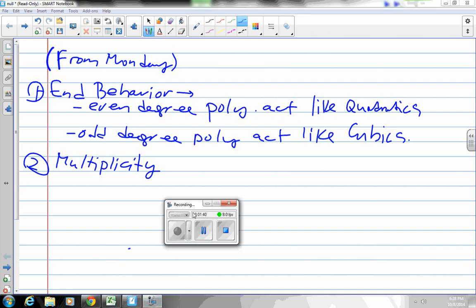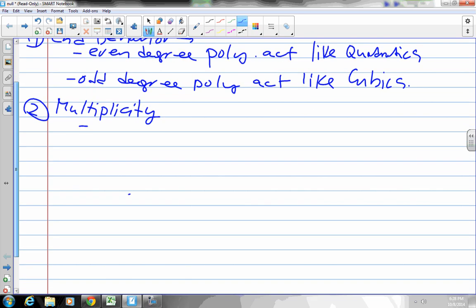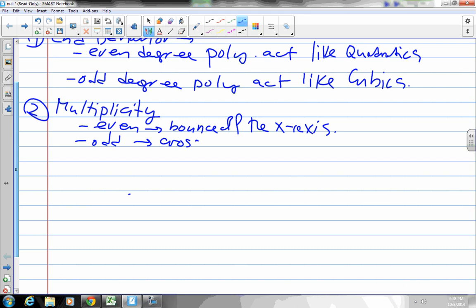Even multiplicity bounces off the x-axis and odd multiplicity goes through, crossing the x-axis.